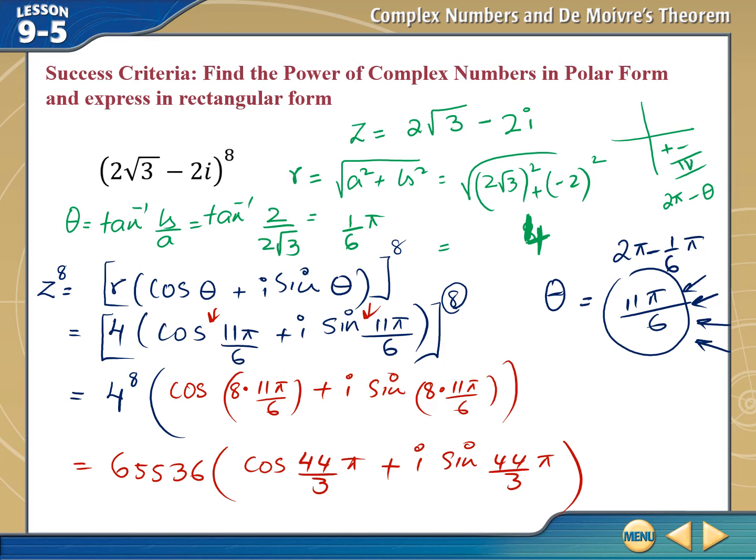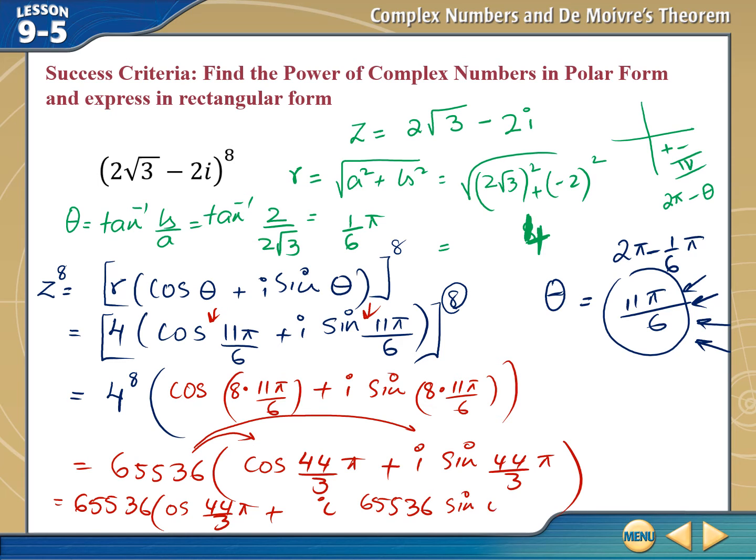Now multiply the r by using the distributive property inside. It means we will get 65536 cosine of 44 by 3 pi plus iota 65536 sine 44 over 3 pi.